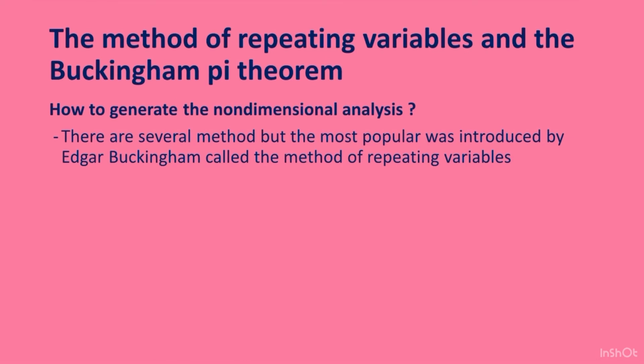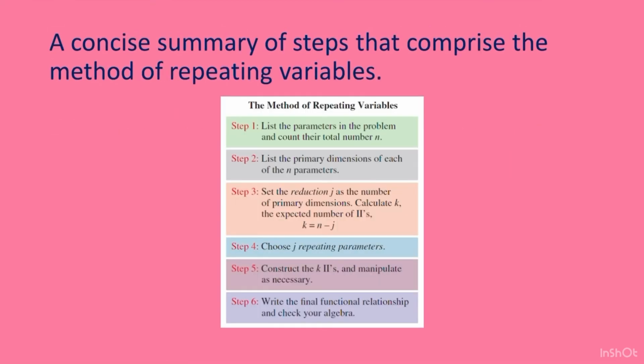Next is the method of repeating variables and the Buckingham pi theorem. So how to generate the non-dimensional parameters? There are several methods, but the most popular was introduced by the famous Edgar Buckingham, called the method of repeating variables. This is a concise summary of the steps that comprise the method of repeating variables. So we go step by step.